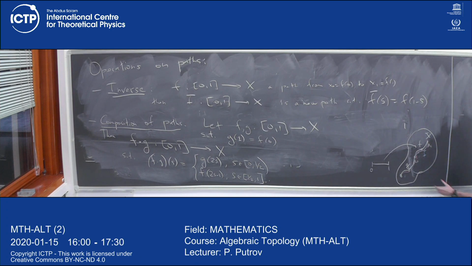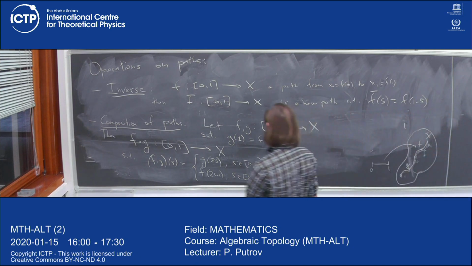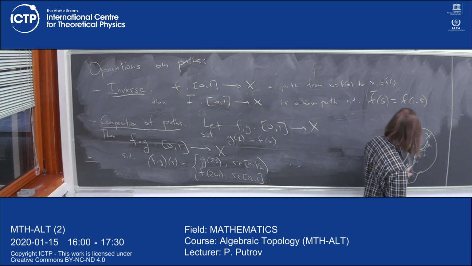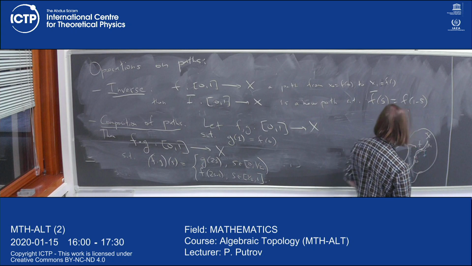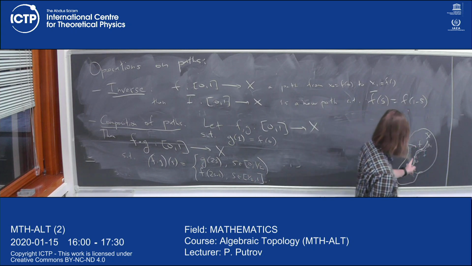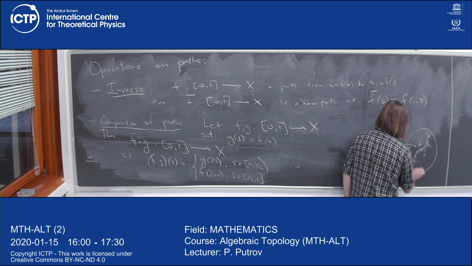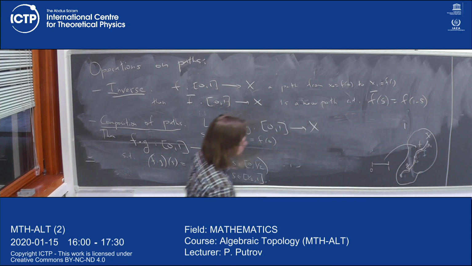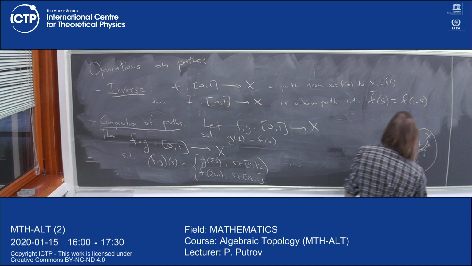Essentially, when my argument is in the first half of my interval, I go along g, and when it's in the second half of the interval, I go along f. So one can understand it as the gluing of two paths.